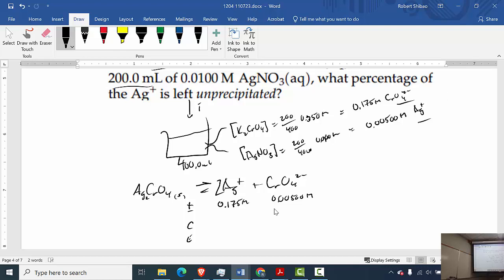We could calculate it, but I don't even want to know. I don't care, because if I do that calculation, I'll see if a precipitate's going to happen or more is going to dissolve. Probably precipitation is going to happen because when I look at the KSP value, it's quite small. Chromate salts have pretty small KSP values.